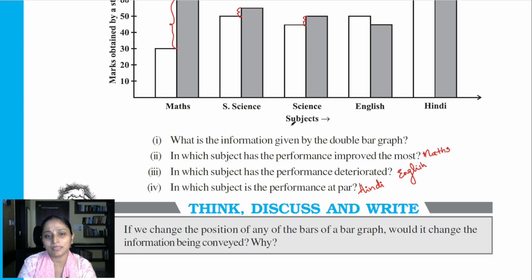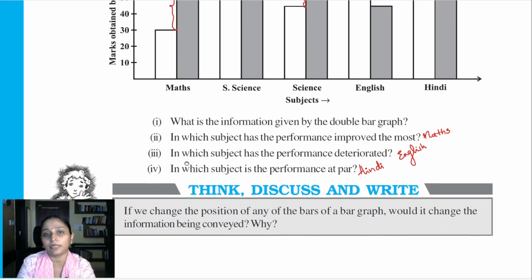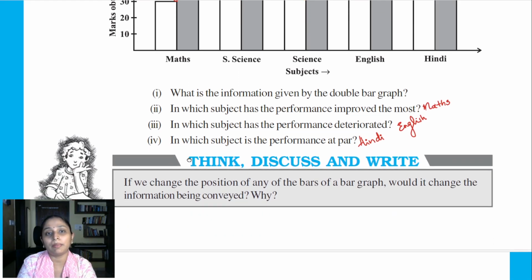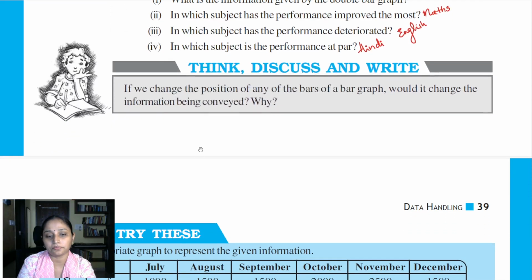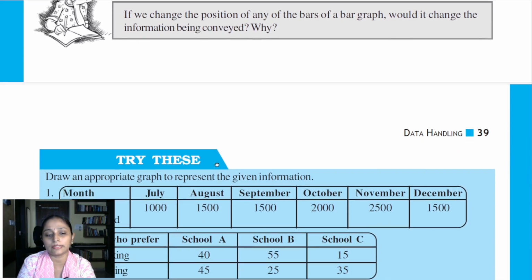But if the categories are something like the subjects or the car models, or different fruits that you're buying, then the order does not matter. So it depends on the kind of data that we are trying to represent in the graph. So that is about think, discuss and write.